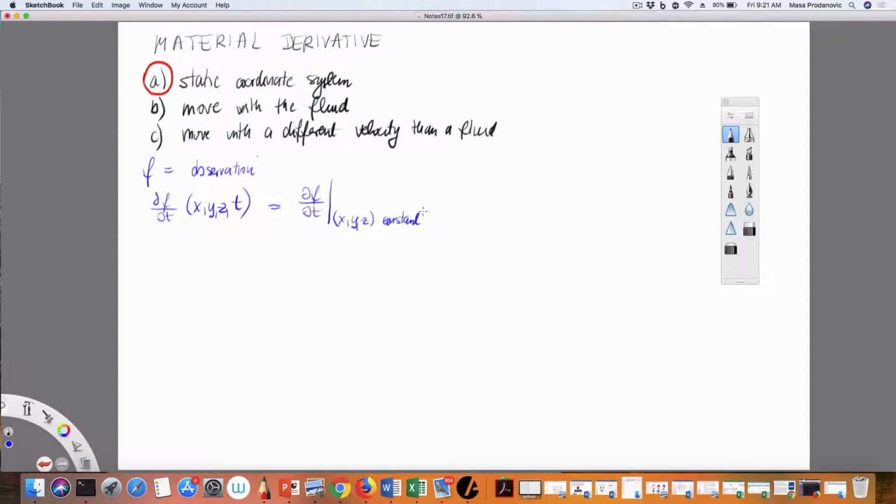But now assume that we're actually moving with the river. Then my position is a function of time because the river is carrying me. So there's a strong correlation between where I'm at and time, and I have to take that into account. If I'm doing a derivative, then I have to do a total derivative because all of these x, y, z's are also functions of time.